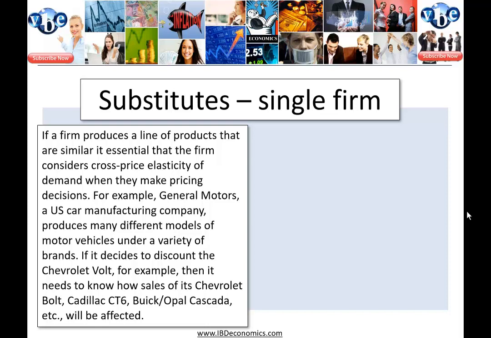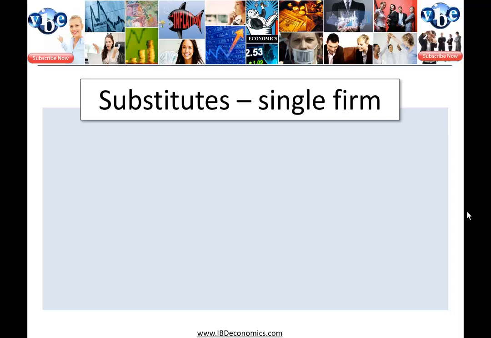If it decides to discount the Chevy Volt, for example, so sales there are going to increase, then it needs to know how sales of the Chevy Bolt, the Cadillac CT6, Buick, Opel, Cascada, etc., are all going to be affected by that price change in one of its other models.